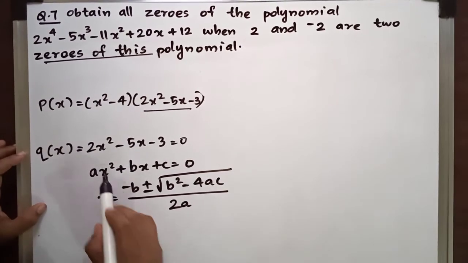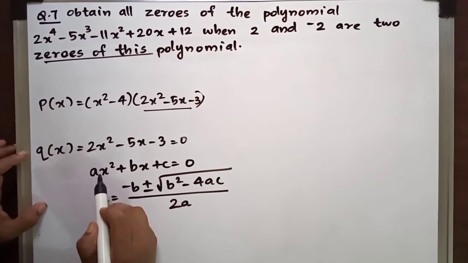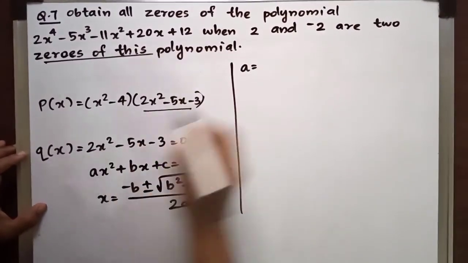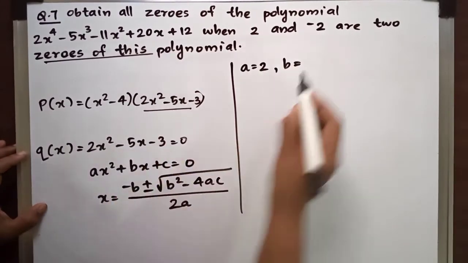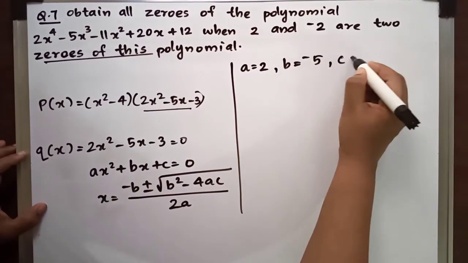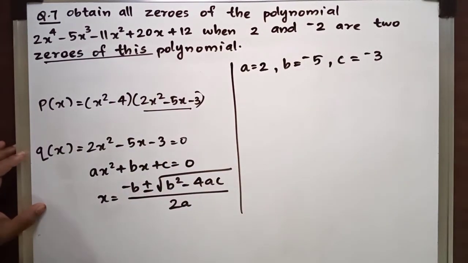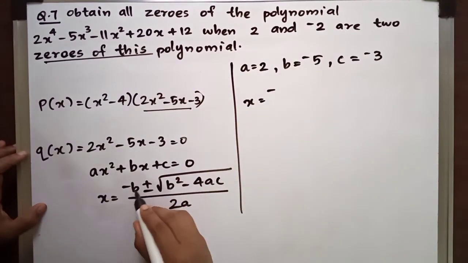Here, what comes in place of a? That means the coefficient of x square, that is a is equal to 2, b, the coefficient of x, is minus 5, and c, the constant term, is minus 3. Now x is equal to minus b, right?